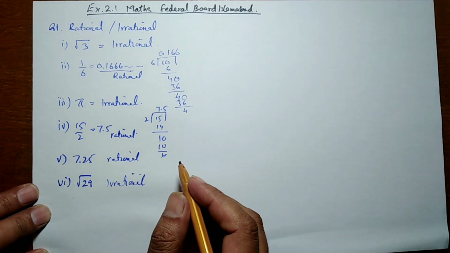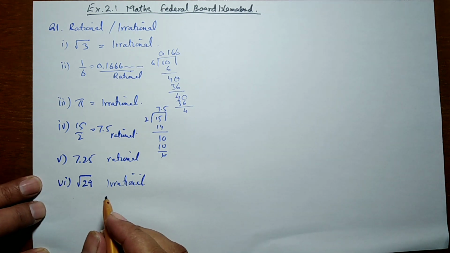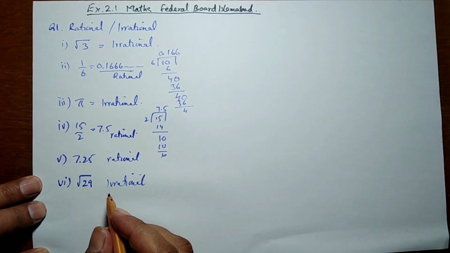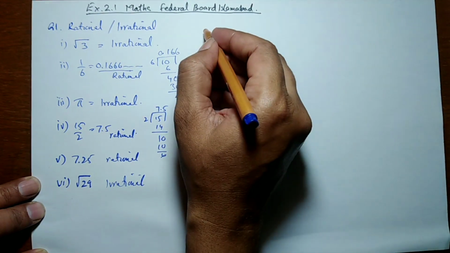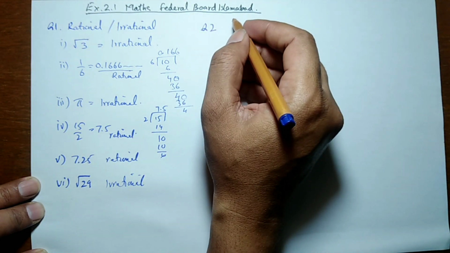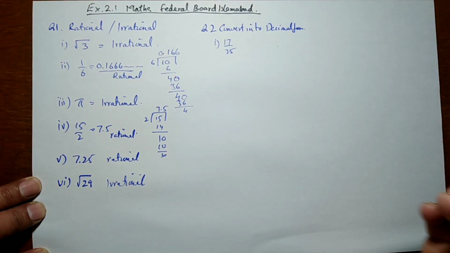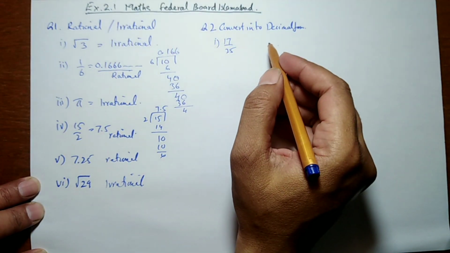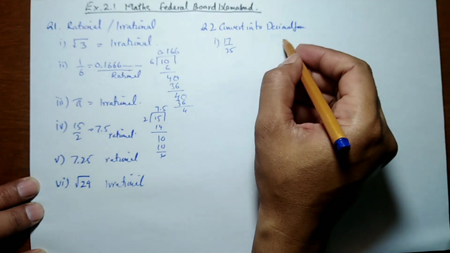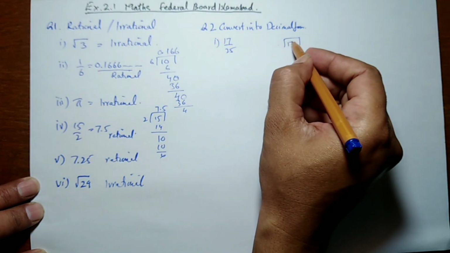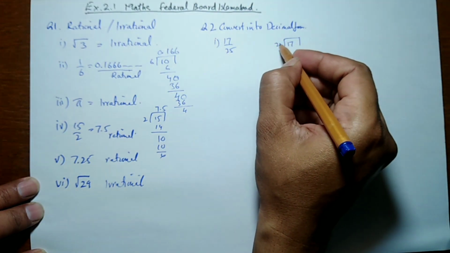Right? So question number 2 says we have to write the following given numbers in decimal form. So we have to convert this 17 upon 25 into decimal form. Let's write 17 inside and 25 outside.